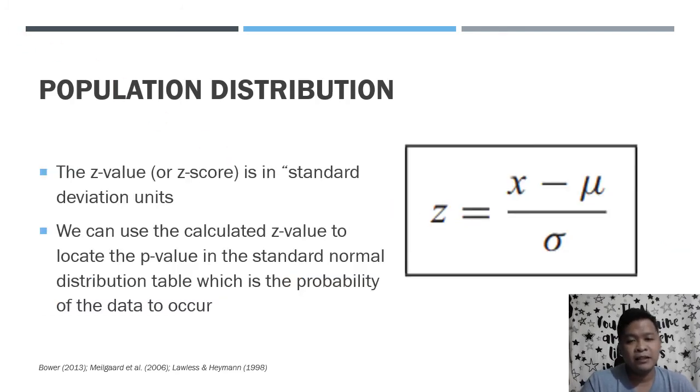So typically, again, the use of the z-value is to translate this into a certain p-value that would translate into what are the odds that this value as an individual value would occur if the data set would indicate that this is the population distribution rather.